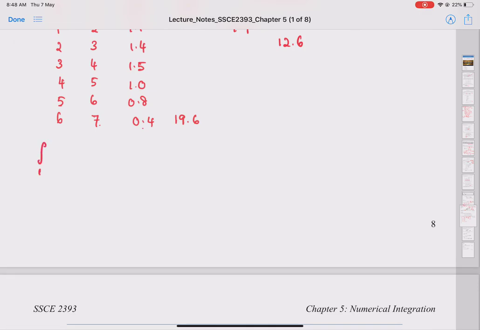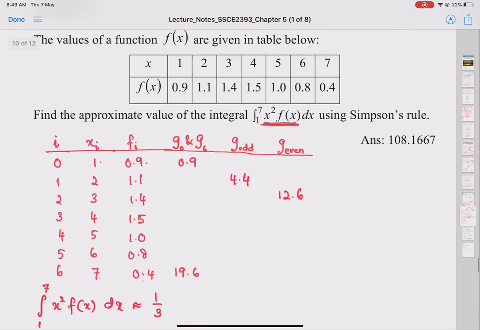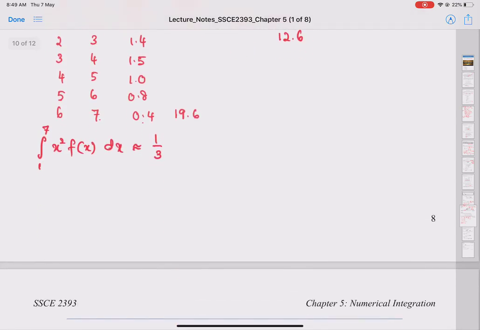The integration from 1 to 7 of x squared f(x) dx is approximately 1 over 3 times h, because your h is, of course, 1.